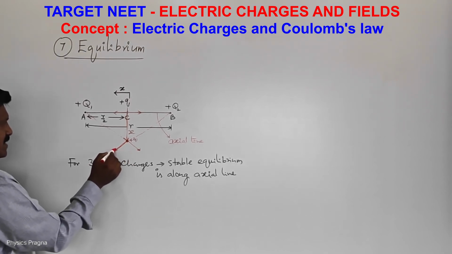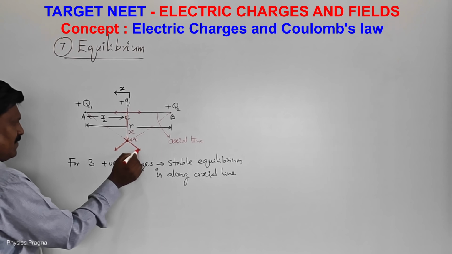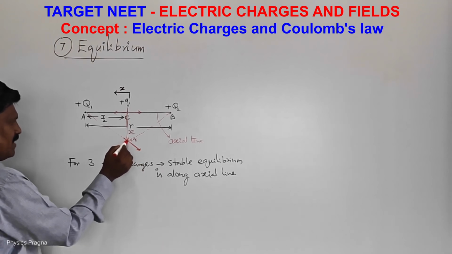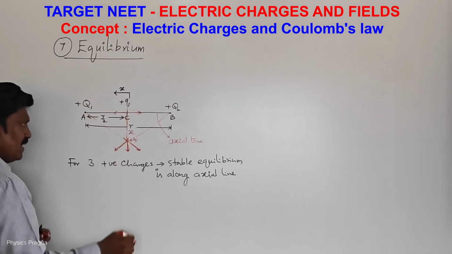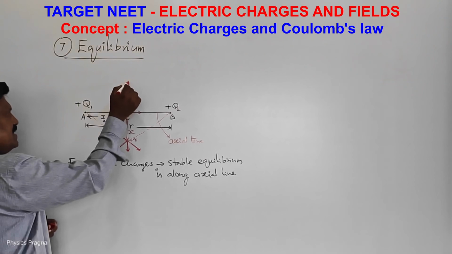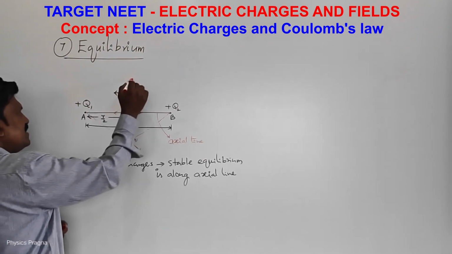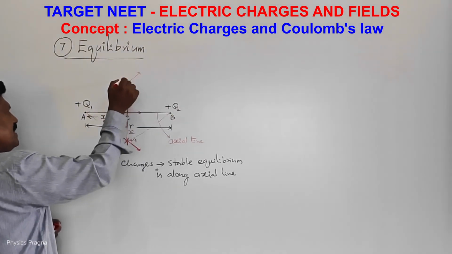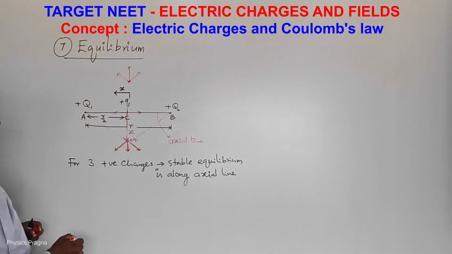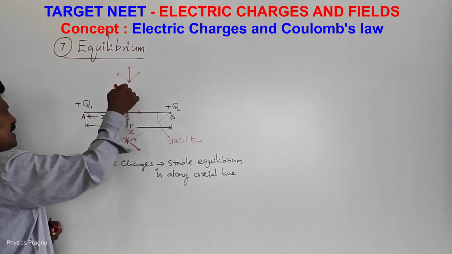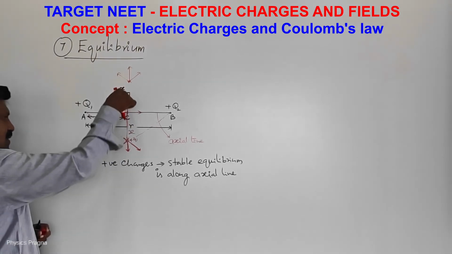So both directions are away. When two forces are acting on a point, the charge moves in the resultant force direction. So it will go away. Here also, this charge will repel this one and this charge will repel this one, so the charge will move in the resultant force direction. So it will be deflected away.